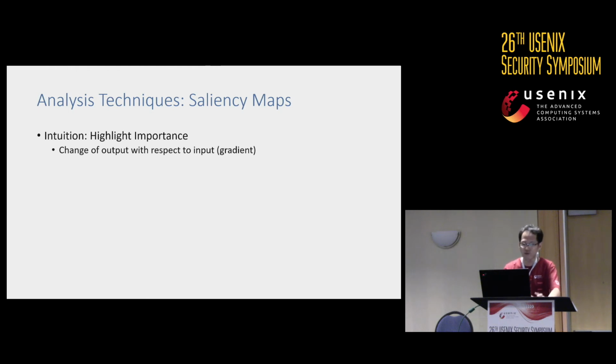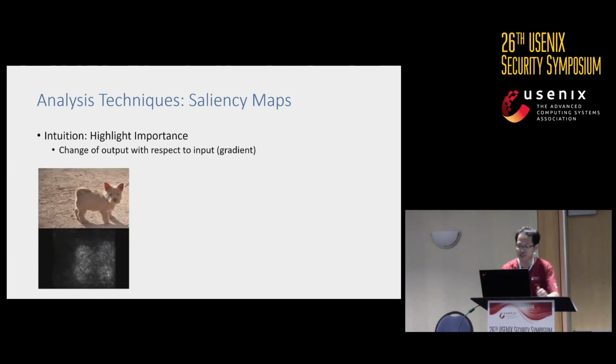You might ask, how would that actually help us in understanding how the model works and how the model makes the prediction? Take this picture, for example. The picture highlights the parts of the image which are important to the model in making the prediction that this image is a dog. At the same time, we can also highlight the parts of the image which we feel are important in making the prediction that this image is of a dog.